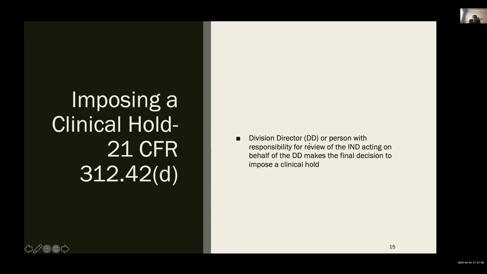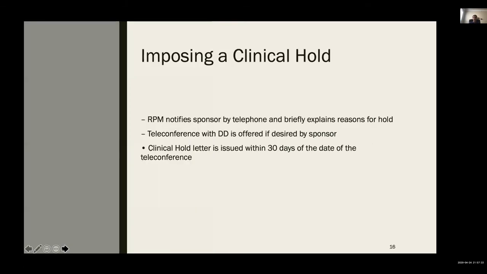So who has the authority to impose the hold? It's the division director, or the person acting on behalf of the division director, who makes the final decision to impose the clinical hold. Usually, as we just talked about, there's a teleconference, the most common thing that takes place between the sponsor and the FDA, where the FDA will try to explain.